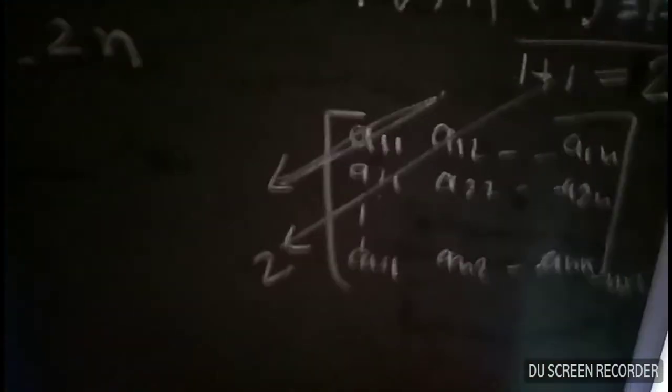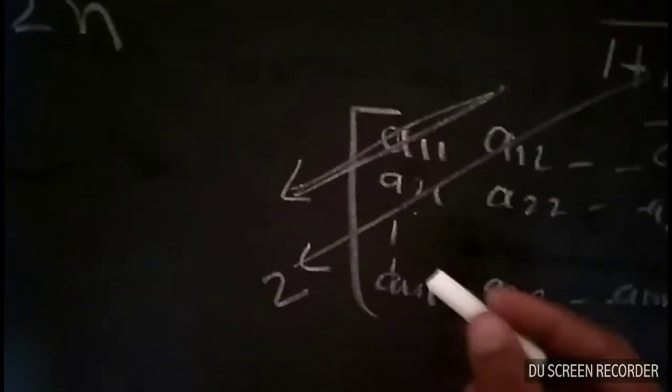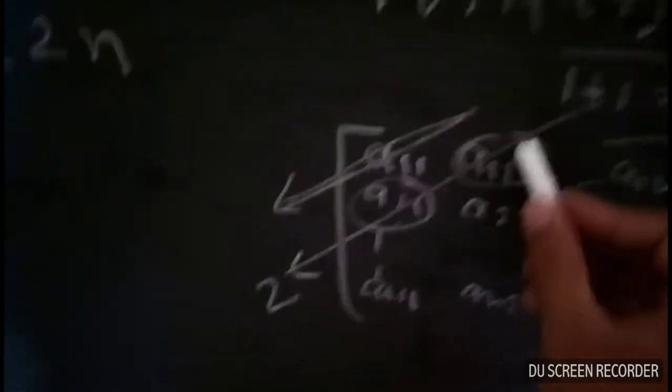Then there are two elements, but the number of distinct entries is only one, because both the elements are the same. Then we take only one element, and so on.